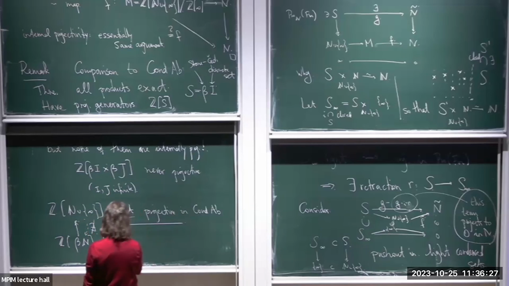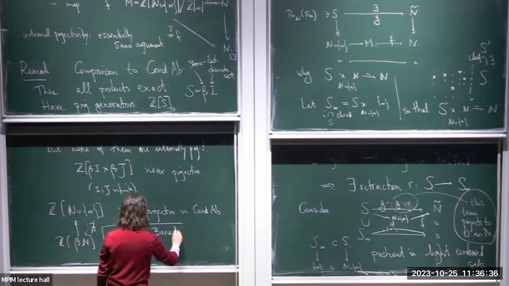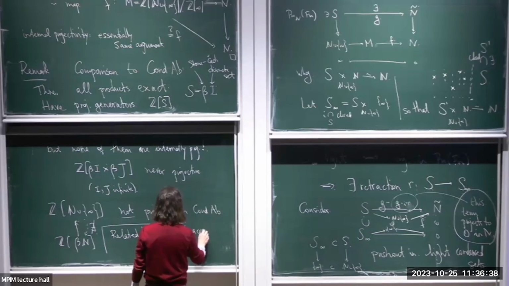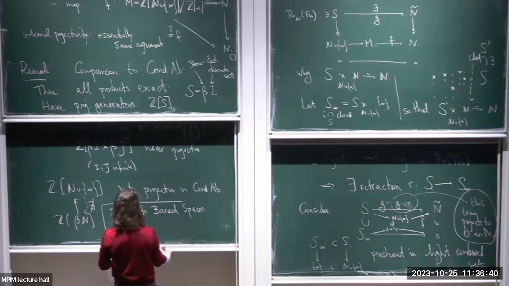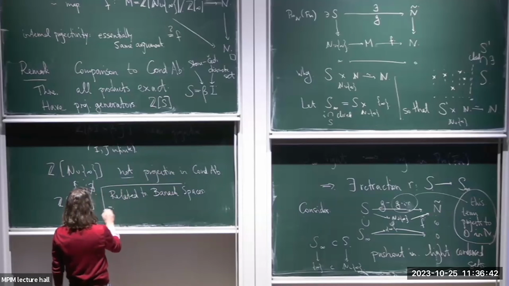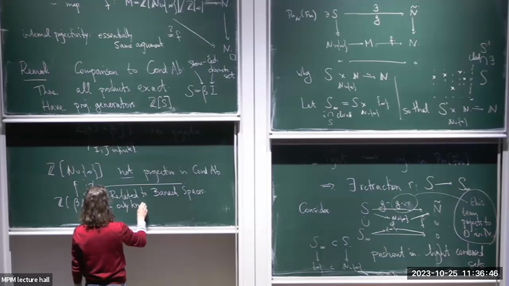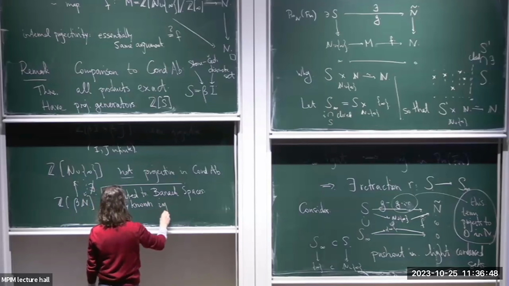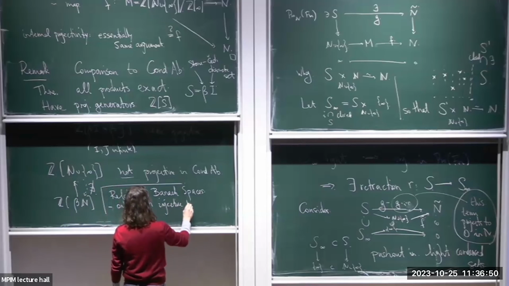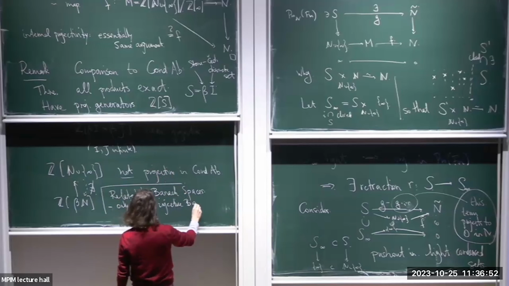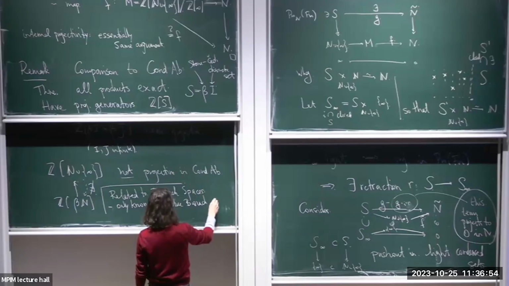Maybe another thing I should say is that this is also related to certain questions about Banach spaces that people have studied in the literature. They're the only known injective Banach spaces. So there's some kind of duality, that what used to be projective in this condensed stuff will become injective on the level of Banach spaces.